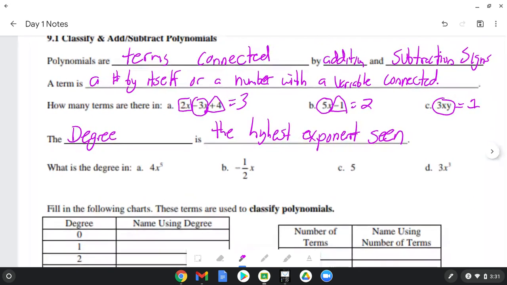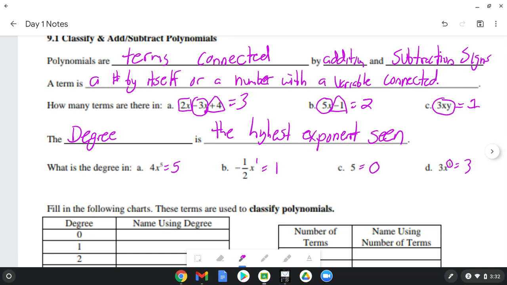So when we're talking about 4x to the 5th, the degree would be a 5. If we just say negative 1/2 x, that's to the first power. So that would be a 1. For this 5, I don't see a variable with an exponent, so that degree is 0. This one that has this number up in the right corner, that would be a 3. So those are all your degrees.